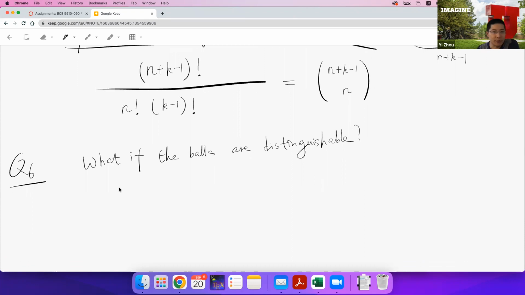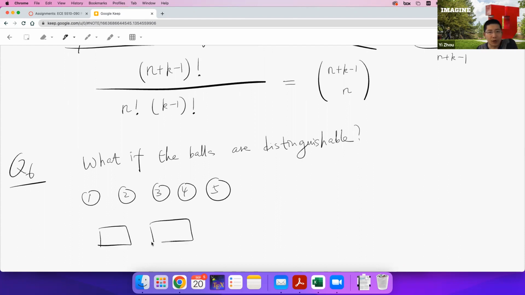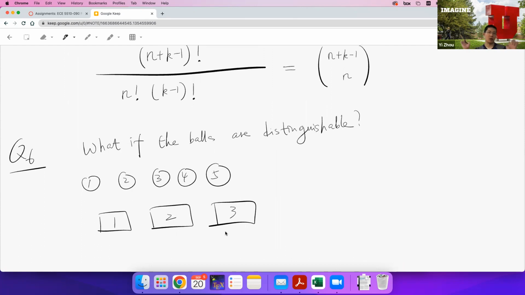So we have distinguishable balls. Okay, each ball has a different label, and we have distinguishable boxes. Each box has a different label. Now I want to put these balls into these boxes.